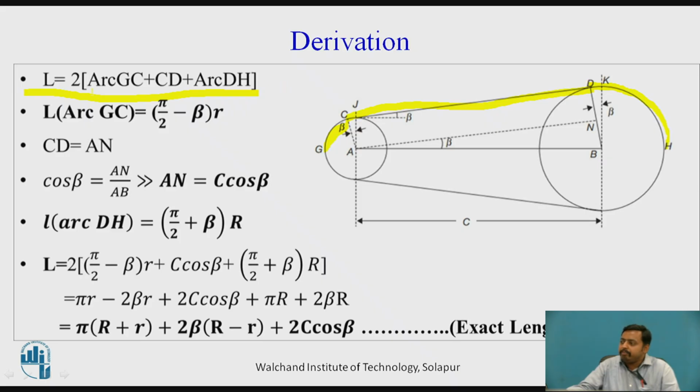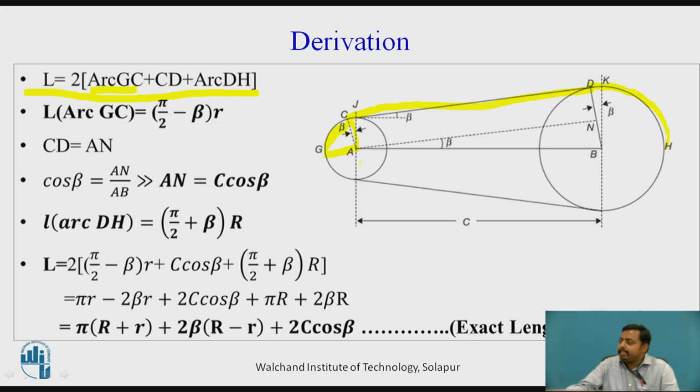Now we will calculate the individual components. First component is the length of arc GC. As we know, the length of an arc can be calculated by the formula radius into angle. So the radius of arc GC is small r because it is associated with the smaller pulley, and the angle subtended is angle CAG. This is the angle subtended by the smaller pulley.